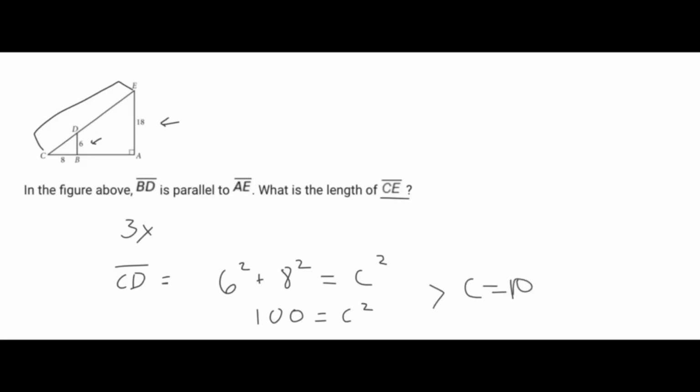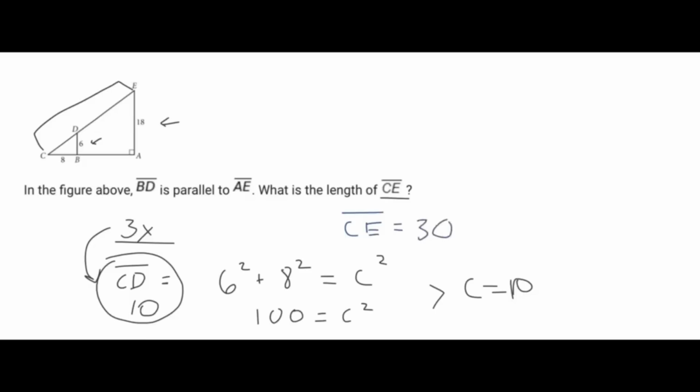So in our case, C would just be the side length of side CD. And because we know the scale factor is 3, we would apply the scale factor to our value of 10. And so ultimately, our final answer for the length of side CE would be 3 times 10, which would be 30.